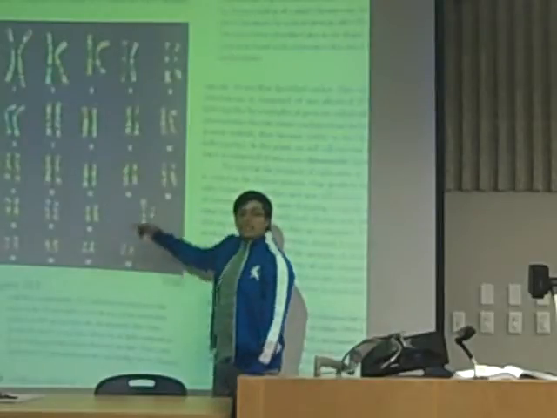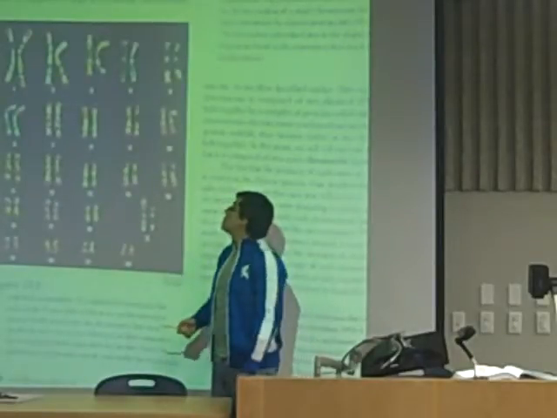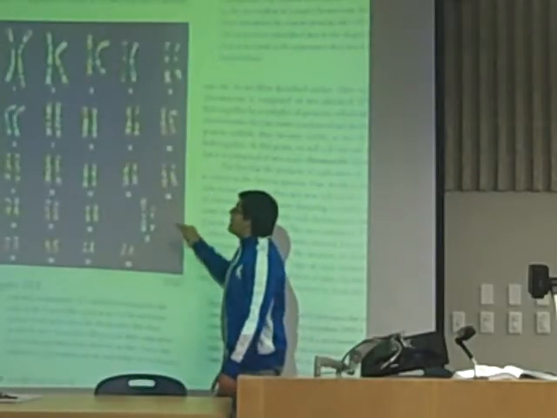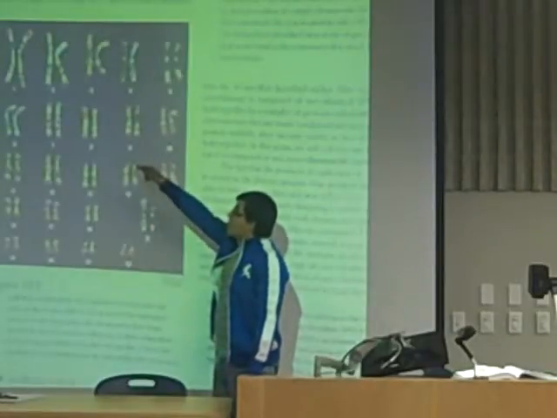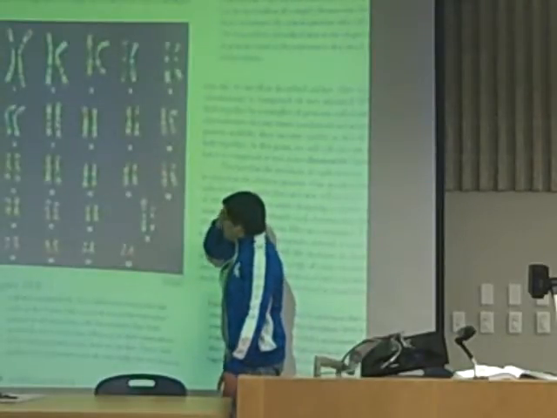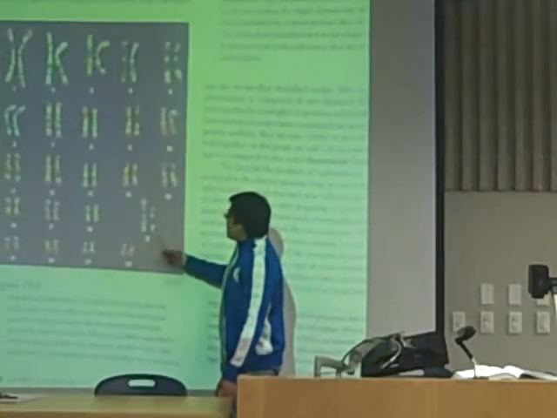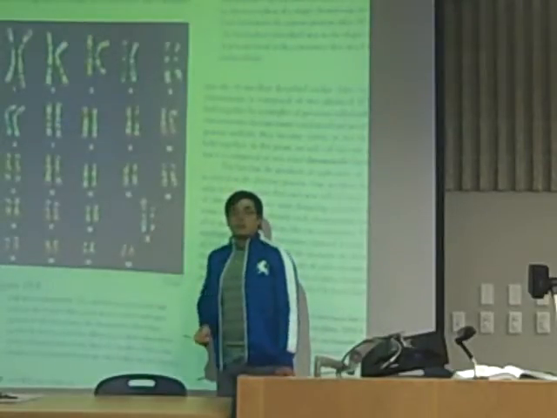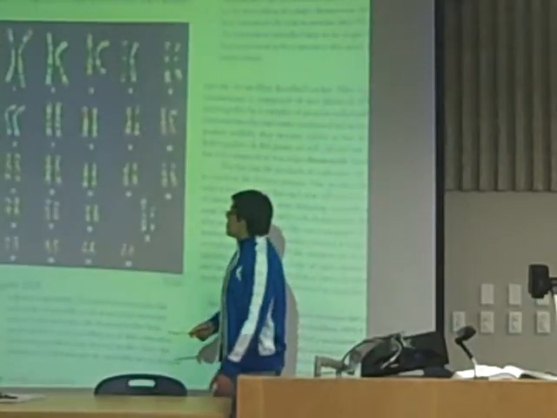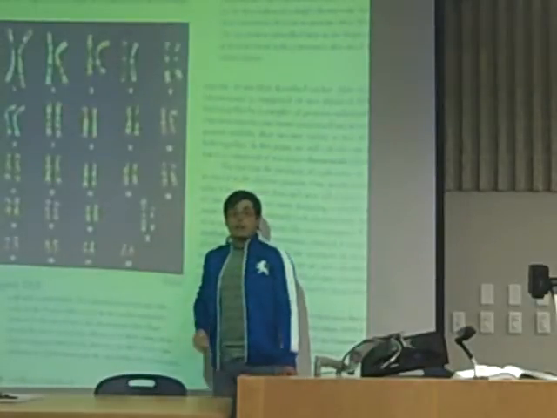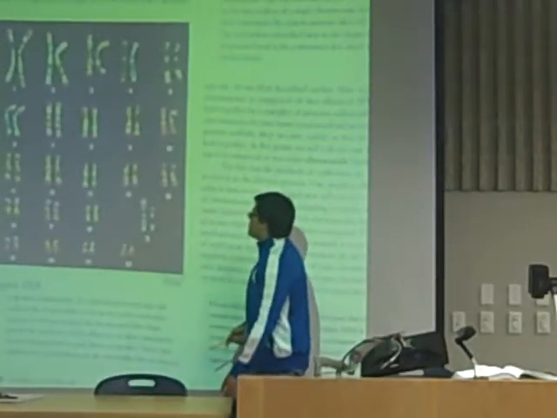So we have 23 sets of chromosomes aligned in order by size, one being the largest and 22 being the smallest, with our sex chromosomes making up our 23rd set, either XY or XX, depending on whether we're males or females, respectively.